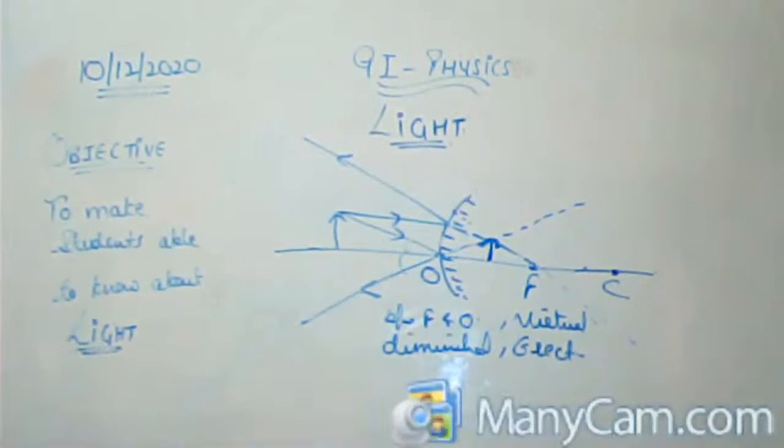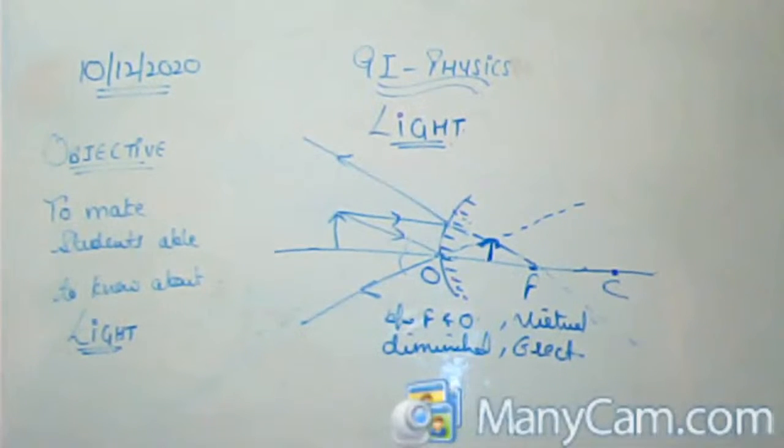We have also done like when we have placed the object between C and F, सेंटर ऑफ कर्वेचर ऑफ फोकस के बीच में जब हमने ऑब्जेक्ट रखा था, इमेज फॉर्म हुई थी बिहाइंड सी एंड दैट इज लार्जर इन साइज. फाइन. सो कनकेव में हमें सेम साइज भी मिला है, लार्जर साइज भी मिला है, एंड वी गॉट स्मॉल साइज एज वेल. Fine. So in concave, you can change the images as per the requirement. You can enlarge it, you can minimize it, you can have the same size. But in convex, you will be getting the diminished image.